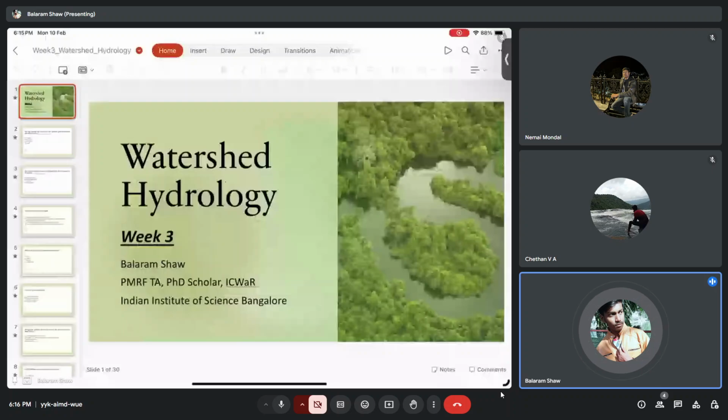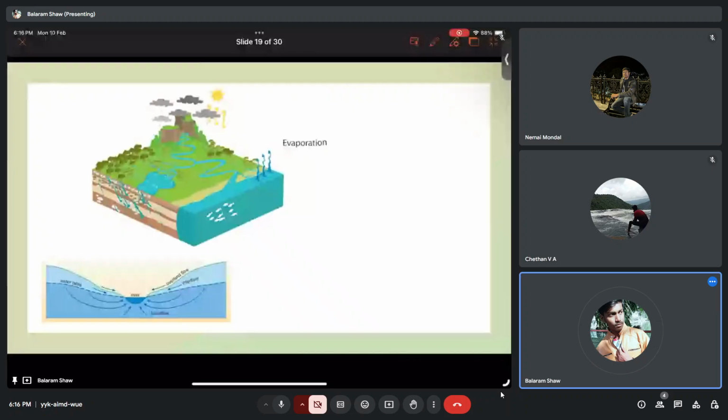Can you guys see the screen? Can anyone respond? And if yes, what can you see on the screen? Okay, now I think it's fine.